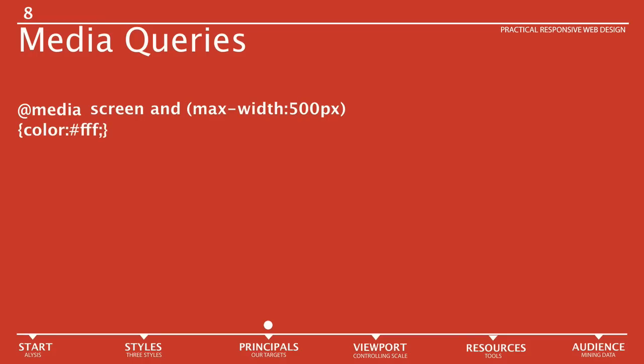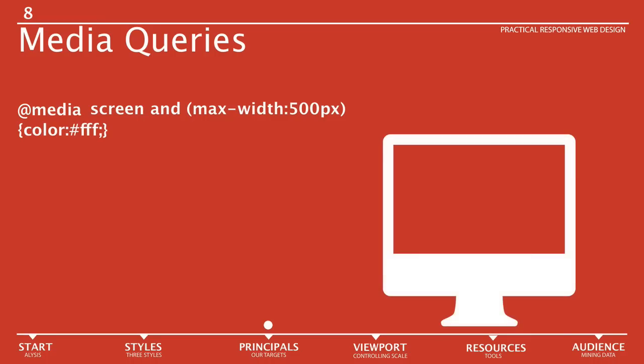And then we're going to further specify, whenever it's a particular width, run this code. So this says max width. That means anything from 0 to 500 pixels, execute this code, which is basically a color of white. So we might change text to white.